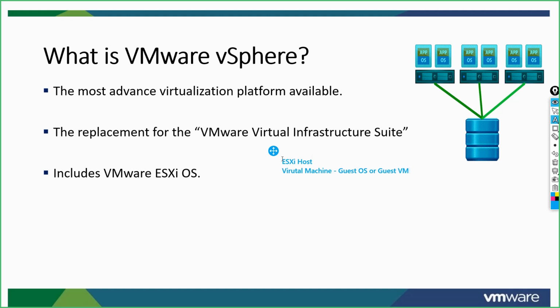You can see over here, you have an ESXi host, this is your ESXi host, and this is your ESXi host. These are all nothing but your ESXi hosts. Always you will hear the word ESXi host.